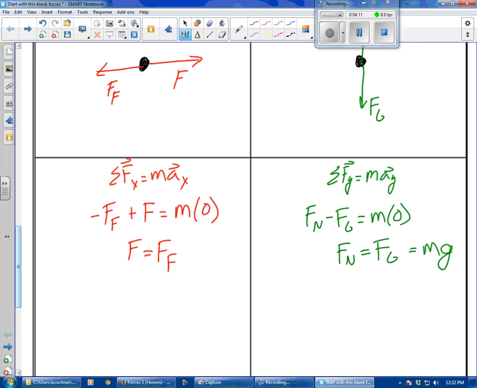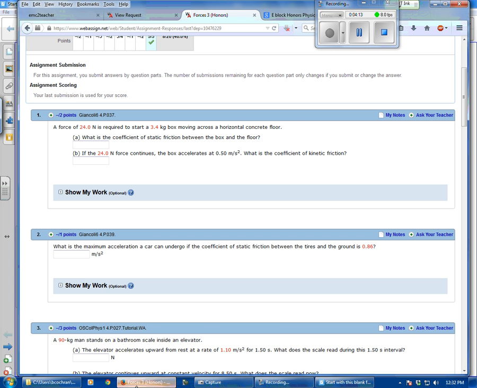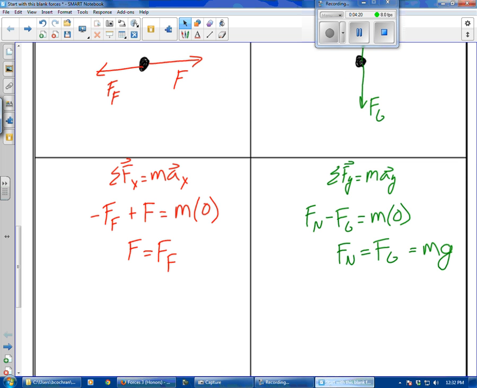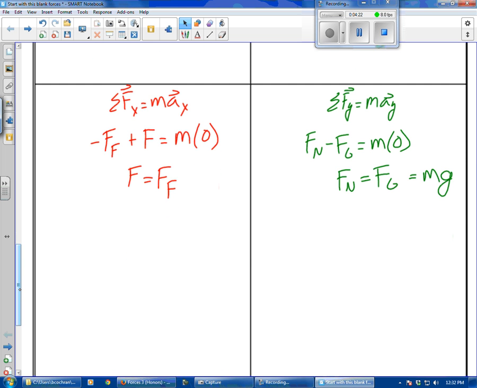Now maybe it's time to look and see what they actually wanted to know. What is the coefficient of static friction between the box and the floor? So remember, as we saw the other day, this frictional force will just keep building until it starts to move. So they want to know what force just starts it to move. They tell us the force.